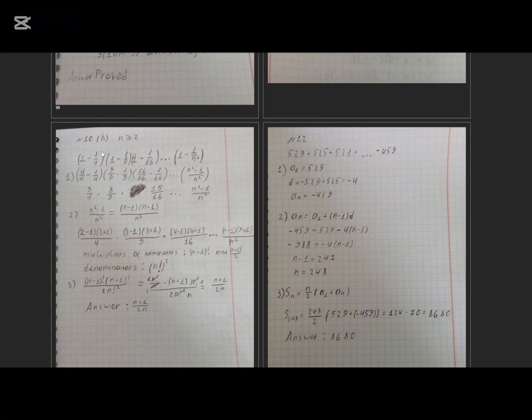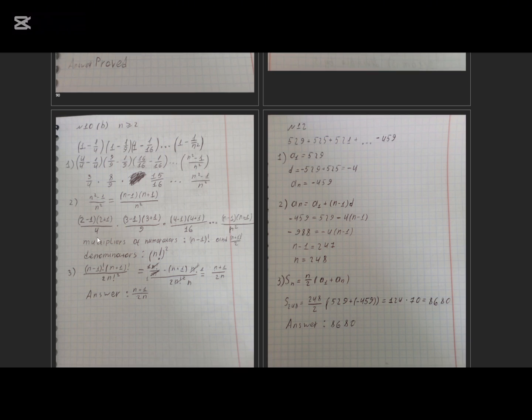In number B, we do the same. We represent one in each bracket like the equality of the second element. So we get that the last element is n squared minus 1 divided by n squared. We use the abbreviated multiplication formula to represent n squared minus 1 like n minus 1 multiplied by n plus 1. So we substitute this into the formula using the second element, the third, fourth, and so on.